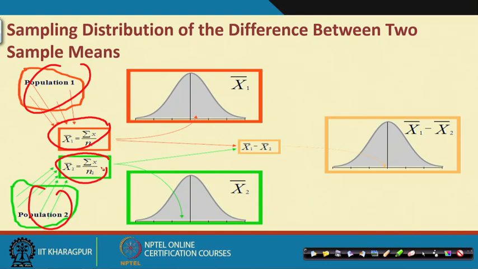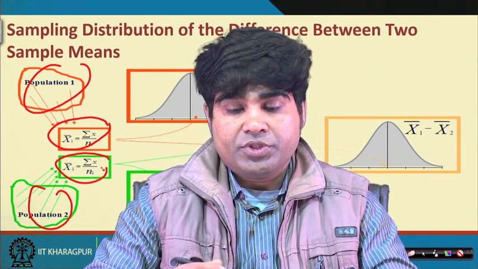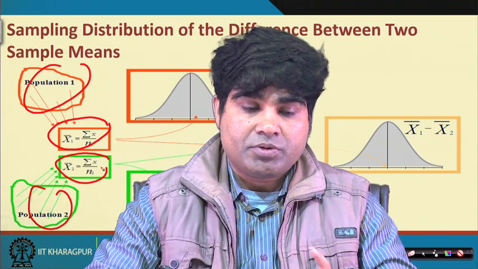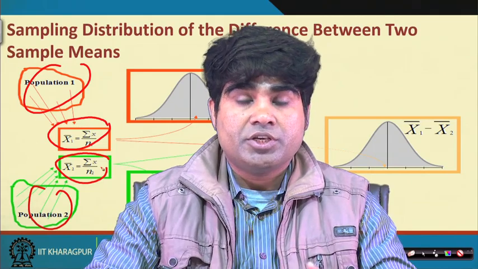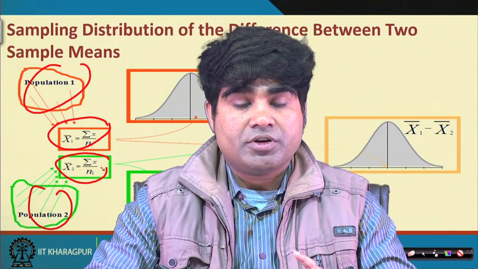Now, we are drawing a sample x1 from population 1, and again a sample x2 from population 2, with the assumption that the population parameter for the first one is mu1, and for the second one is mu2.